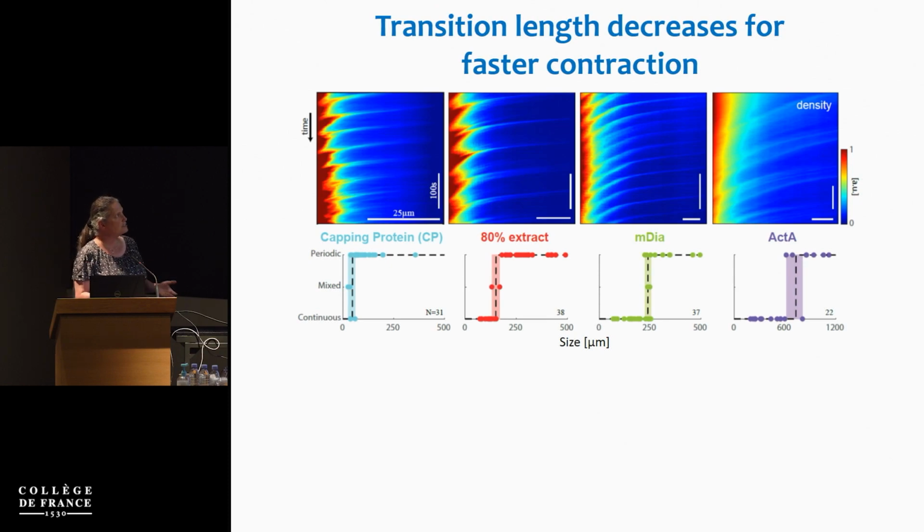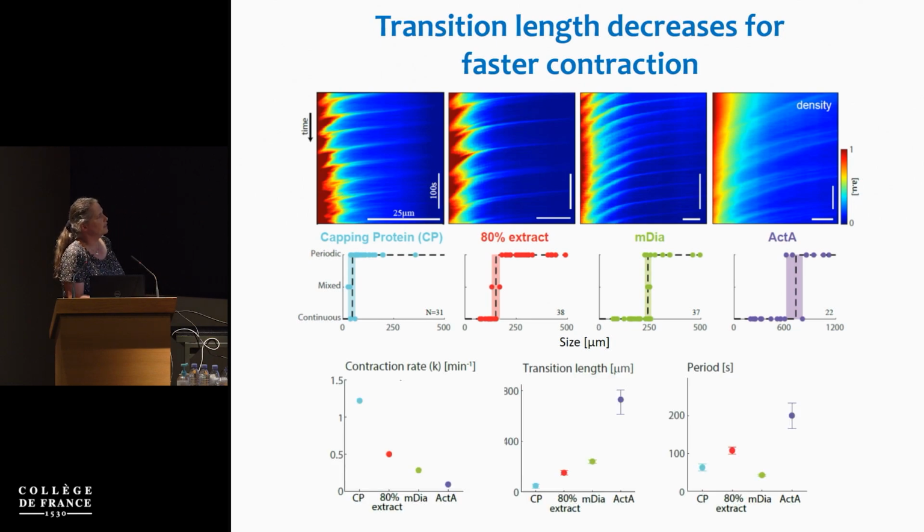Again, we can change the properties of the system by adding different factors to the extract. And what you see here is that this pattern, where you have continuous contraction in small droplets and periodic contraction in large droplets, is quite generic. By changing the condition, we can change the periodicity of the waves, we can change the transition lengths, but we see generically that you have continuous contraction in small droplets and wavy contraction in large droplets.